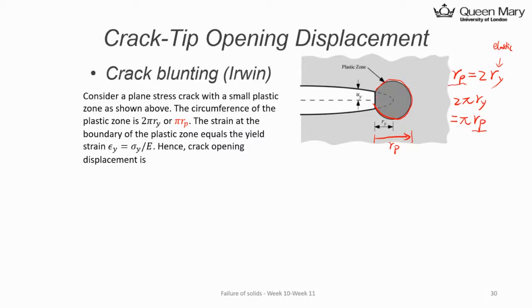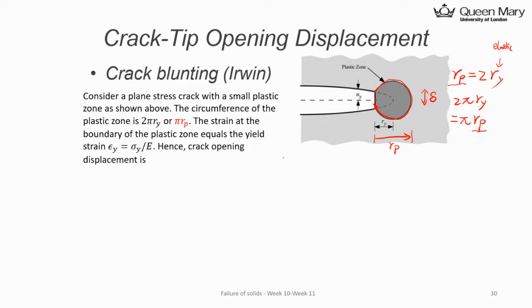So when you open the crack tip, you can imagine originally the point is at the center here. Now it's stretched to a point like here and here, okay? That is the thing we call delta, the crack tip opening.